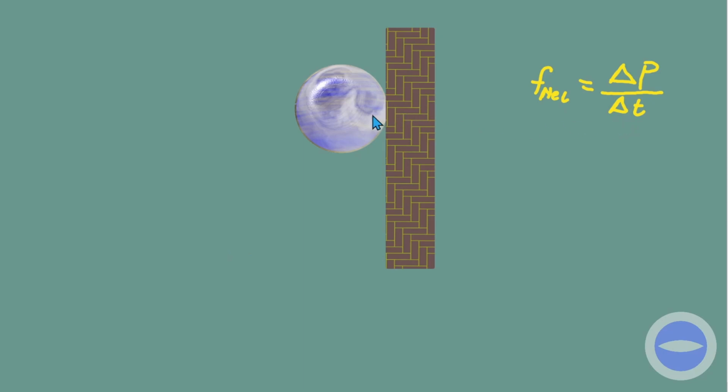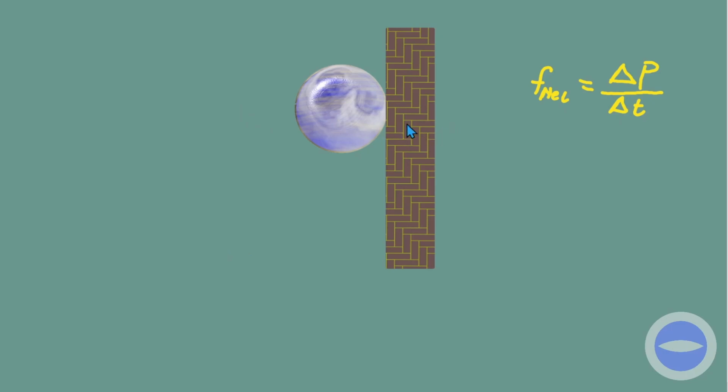And then when the ball moves back, there is a force that this ball exerts on the wall and there is a force that this soil exerts on the ball. So that force is this net force. And then change in momentum is the initial momentum and the final momentum.